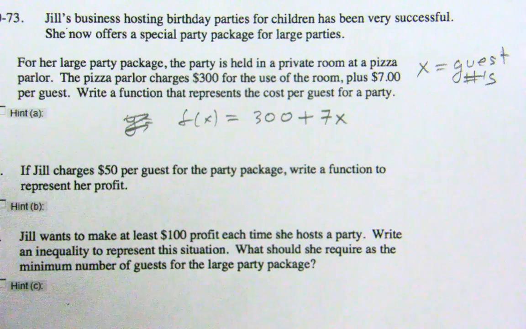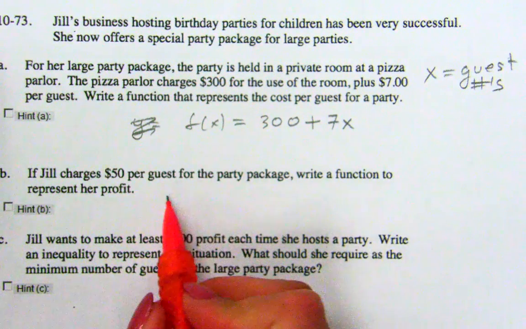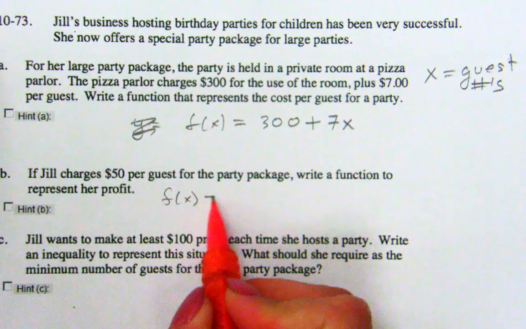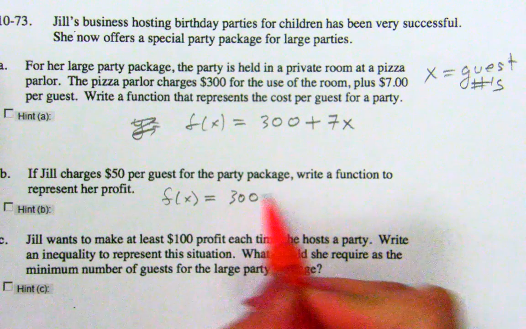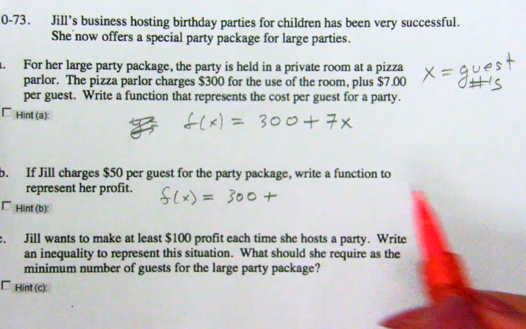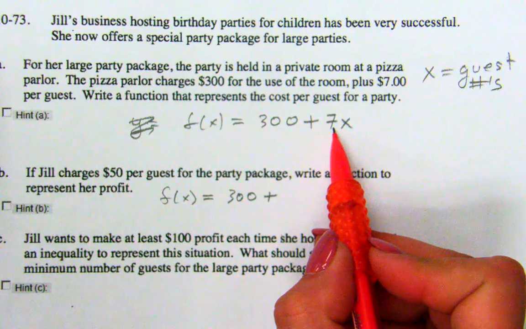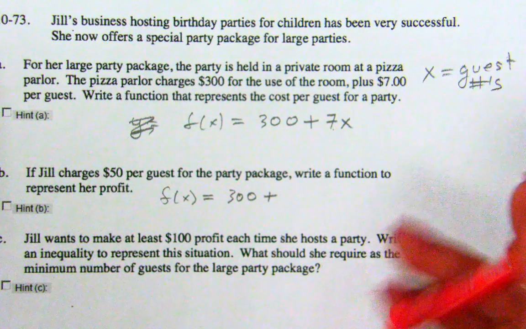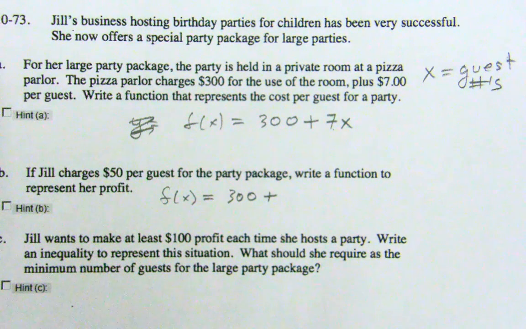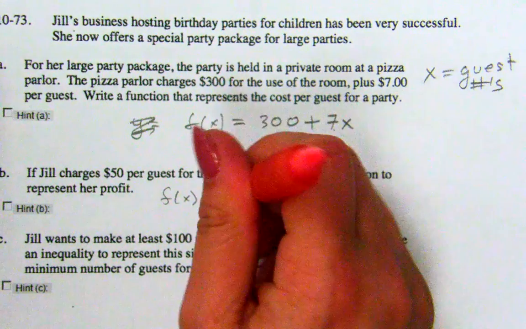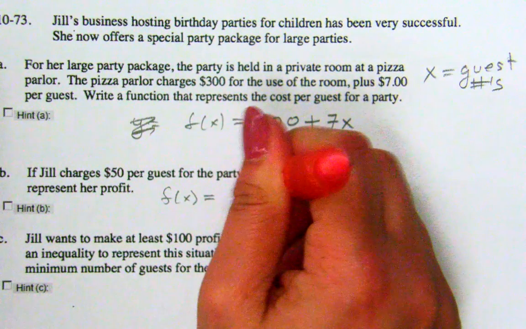Okay, so let's see. I'm assuming it's $300 because she still has to pay the $300 plus $7 per guest. Write a function to represent her profit. Her profit is not going to be $300. Her profit is going to be $45 per guest.